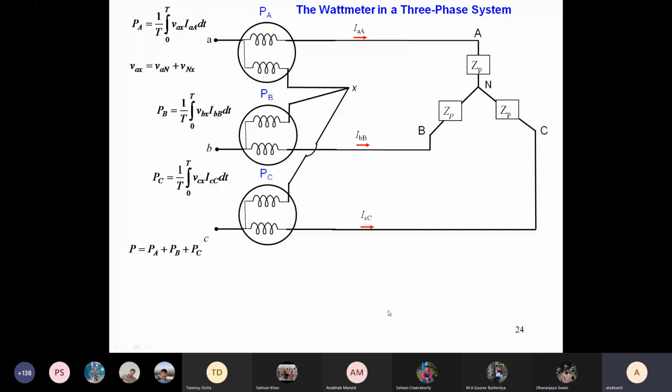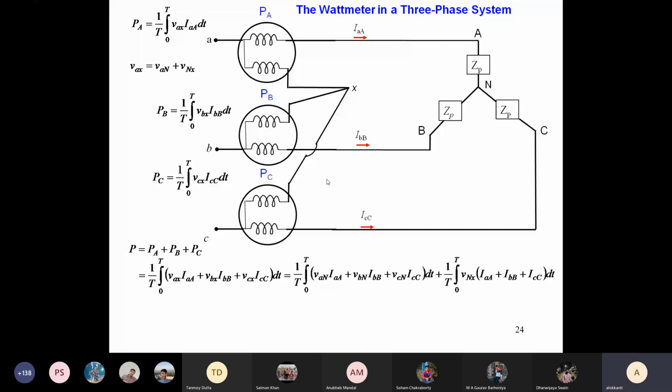So if you put that expression, it is 1 by T integral from 0 to T of VAX IA plus VBX IB plus VCX IC dt.